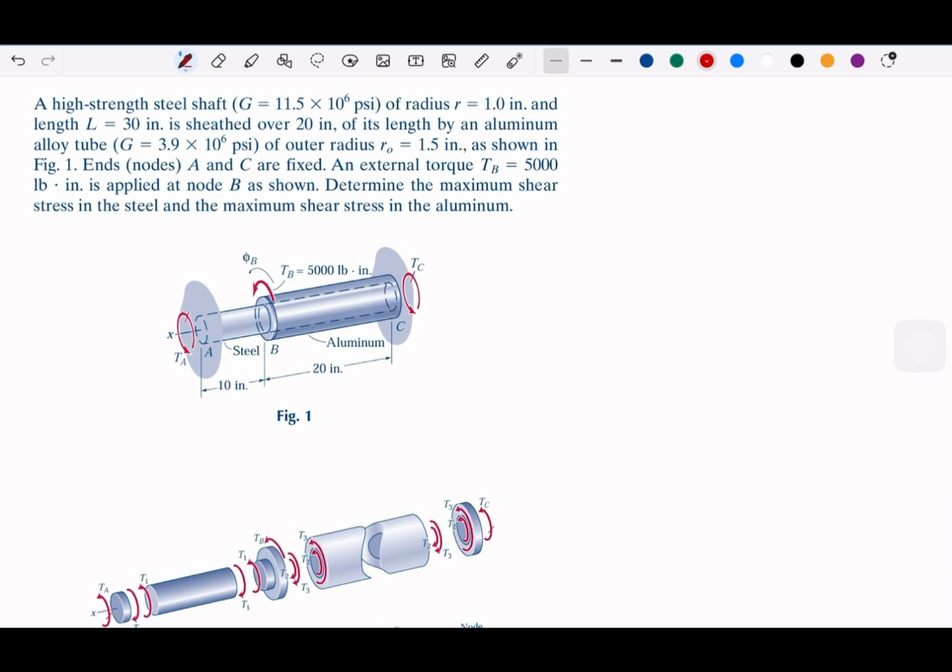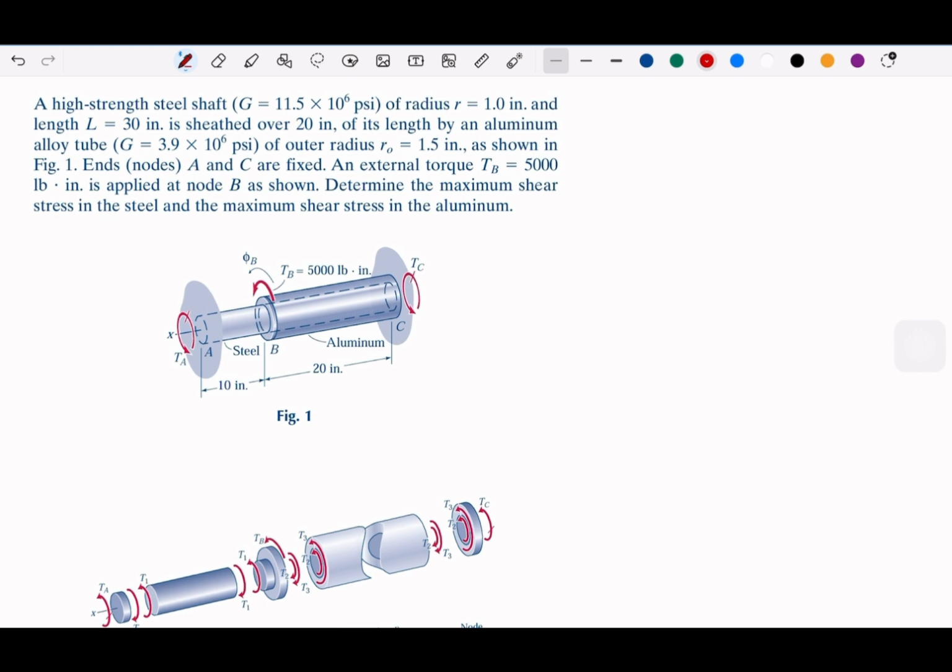So you have steel on the inside and then aluminum on the outside layer. And then you have an external torque of 5,000 pounds-inch applied at node B. So you twist the joint B, and we need to find the maximum shear stress in steel and maximum shear stress in aluminum. So we have two different questions. First is the steel, and the second is the aluminum.